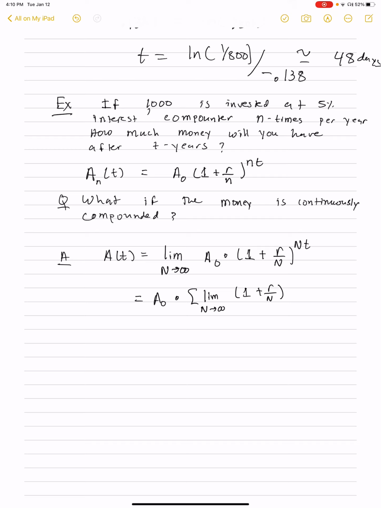I'm going to make it n over r, but then I'm going to put it to the rt power. And using the law of exponents, those two would multiply, and I just get nt. So the exponents would be the same.